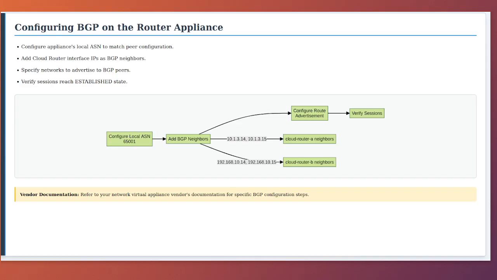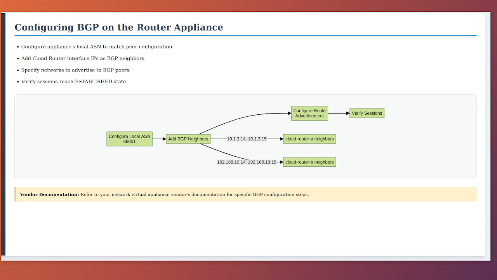The process begins with Configure Local ASN, where you set the appliance's autonomous system number to 65001 or your chosen ASN. This ASN must match what you specified in the Cloud Router BGP peer configuration. Next is Add BGP Neighbors, where you add each Cloud Router interface as a BGP neighbor.